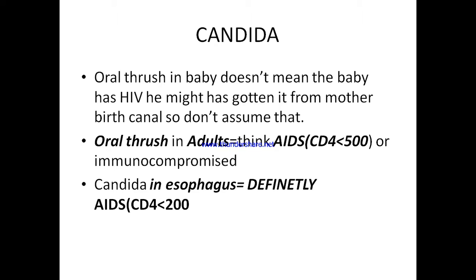Okay, so oral thrush in adults, think AIDS or immunocompromised, that can be secondary to steroid therapy or chemotherapy for leukemia, right? So these are pre-AIDS defining lesions, not a confirmed case of AIDS but surely immunocompromised. But candida in the esophagus is AIDS, right? And the CD4 count would be less than 100. I have confused it with 200, so pardon me for that.